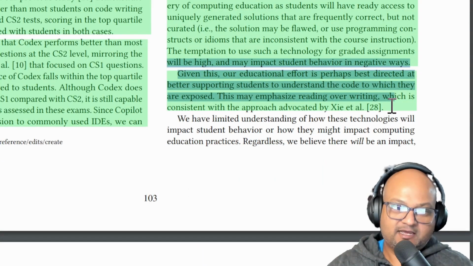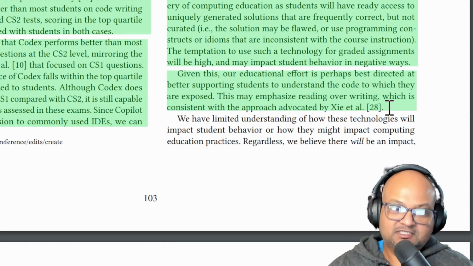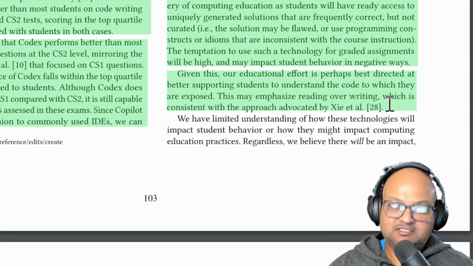One idea that keeps coming up again and again is to shift the focus away from only writing code towards reading and understanding and critiquing code. But overall, this is still an open question. So that was a quick look at a paper that examines how Copilot or Codex can solve CS2 questions. That's data structures and algorithms, and it did pretty well.